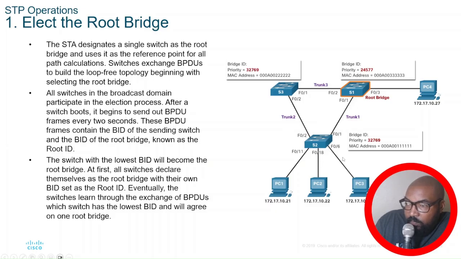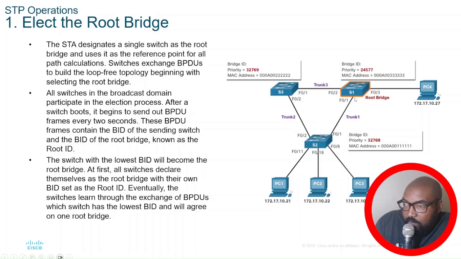As you can see, the lowest priority is in this BPDU, and this bridge ID is 24577. We see a priority value of 32769, 32769. These are the same. This has the lowest bridge ID priority, so this one is going to be the root bridge.